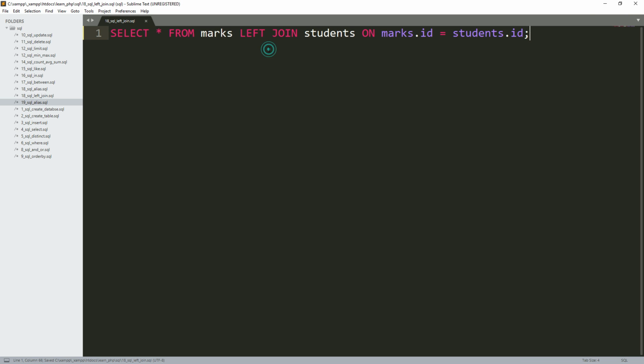Here the difference is it will return only the elements that match, and they come only from the left table. And when you say left table, it is this one.